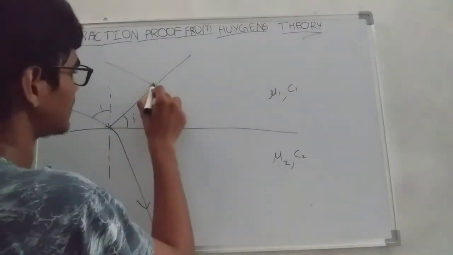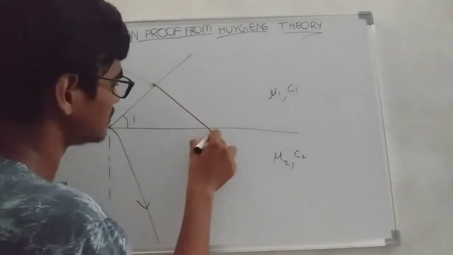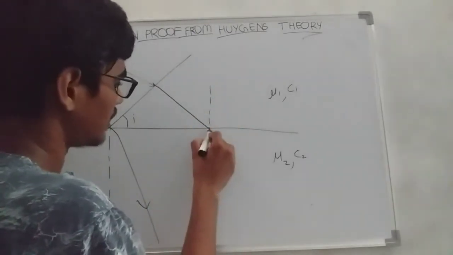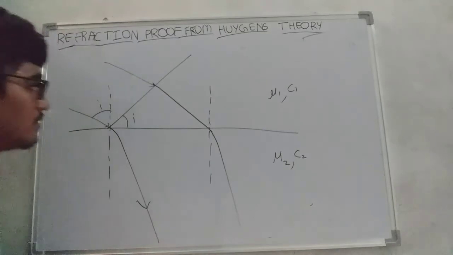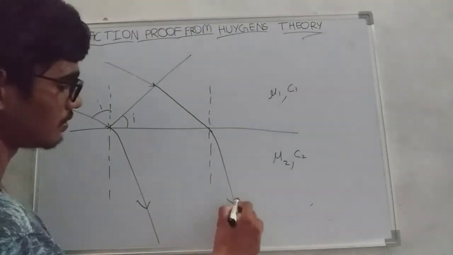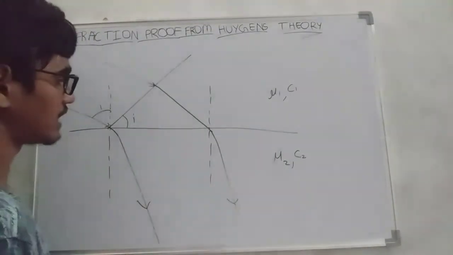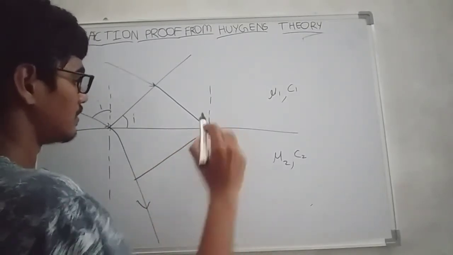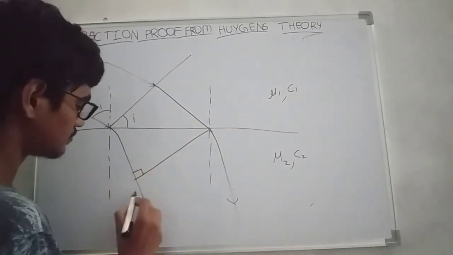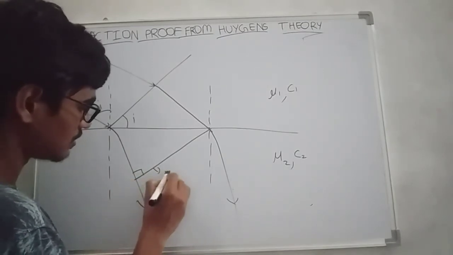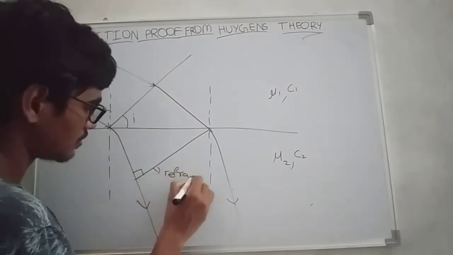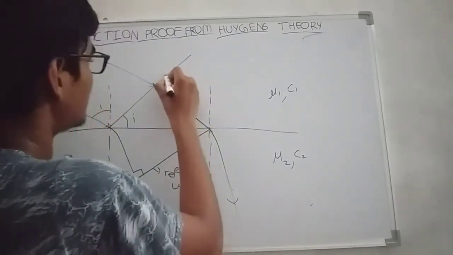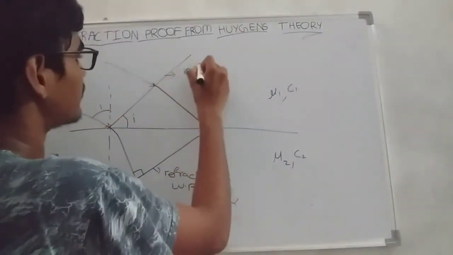Now getting into the second ray, it is also incident. Consider this as the normal, and it refracts. Here, these two rays are refracted rays, so by joining these two, we get a refracted wavefront, and this is the incident wavefront.